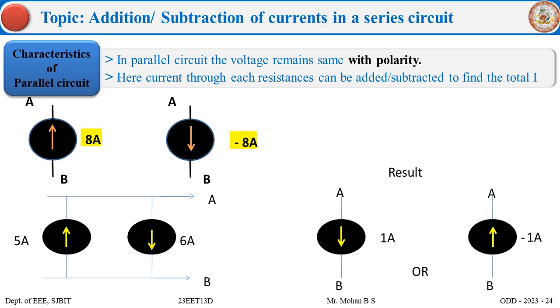So once I've got the result as 1 ampere going downwards, if I change the orientation, I'll get -1 amperes. Now let's change the orientation of 5 amps to downwards. Since both are going in the downward direction, we have to add and simply write that as 11 amperes going downwards or -11 amperes going upward.